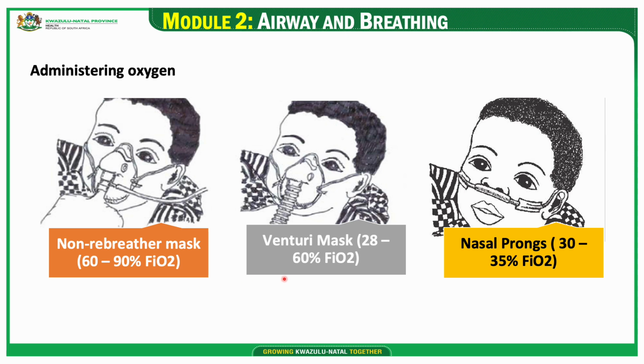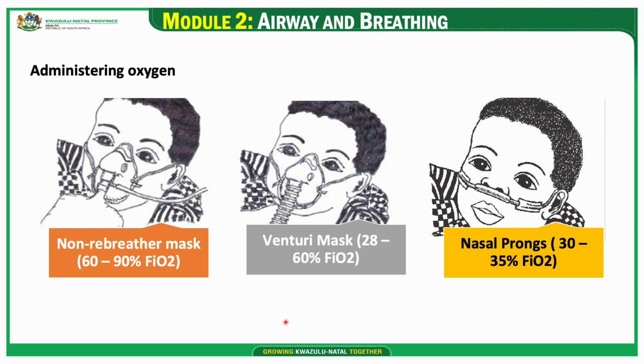We also have the option of Venturi masks. Now, Venturi masks look similar to the non-rebreather mask, however, they don't have the reservoir bag. They just have the corrugated oxygen tubing over there instead of the reservoir bag.